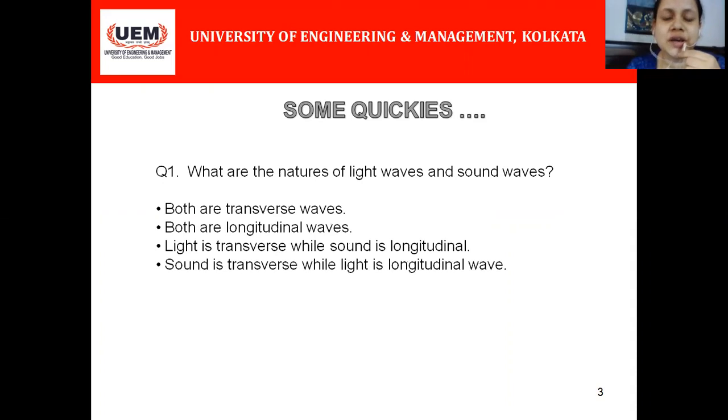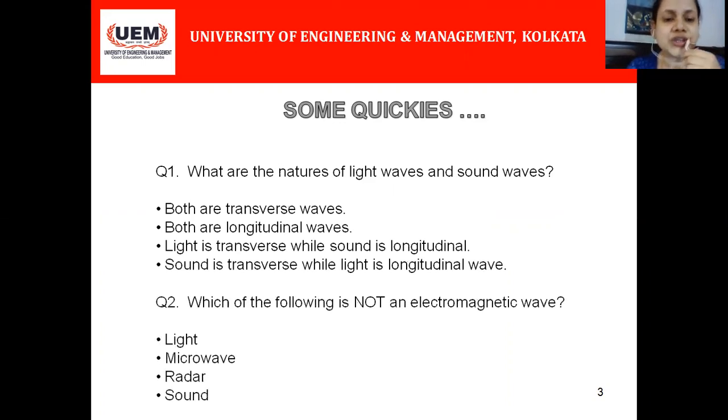First question, what are the natures of light wave and sound wave? So you have 4 options. Please choose the correct one. Next question, which of the following is not an electromagnetic wave? Again, you have 4 options and you have to choose the correct one.